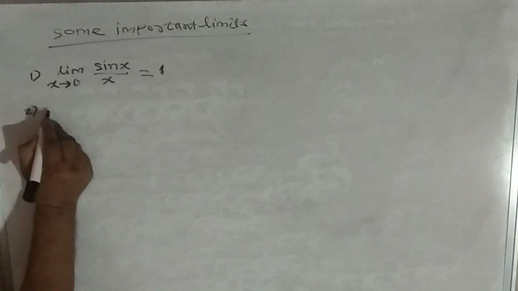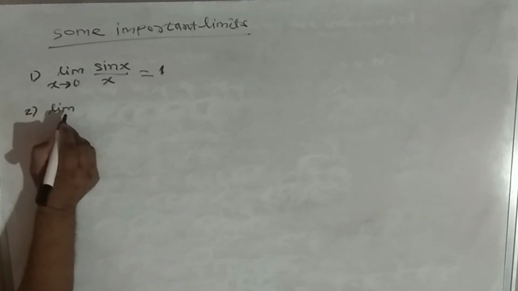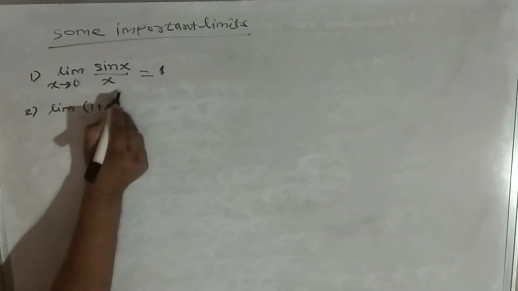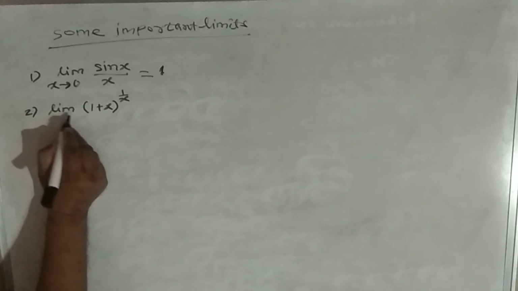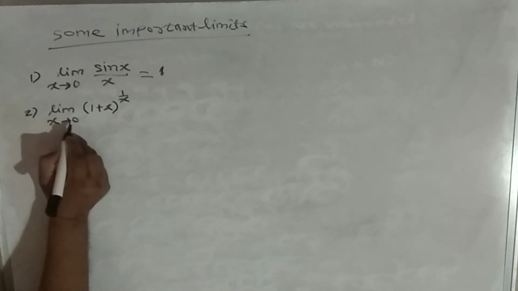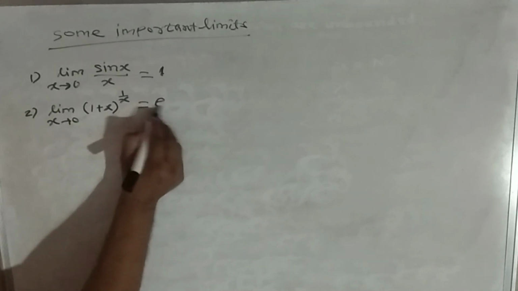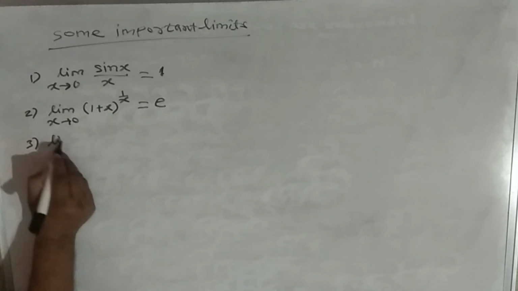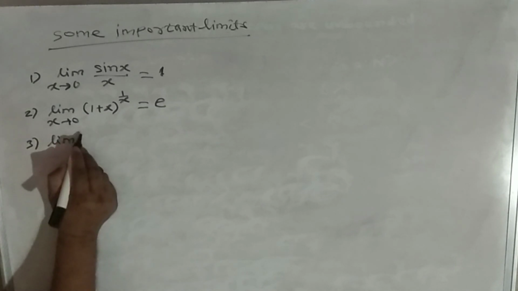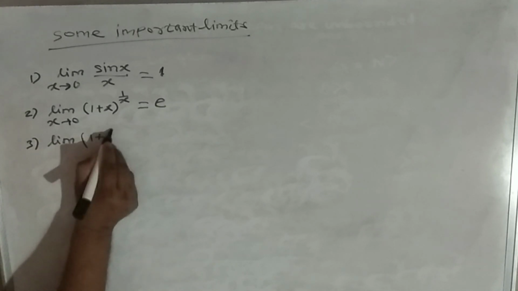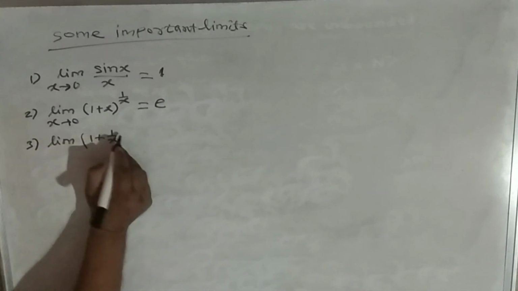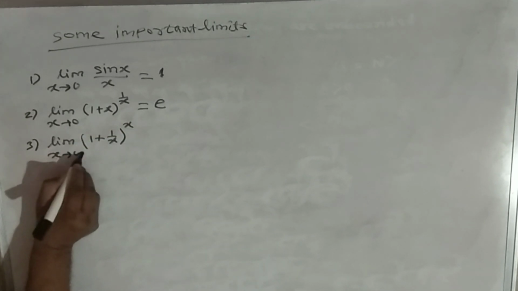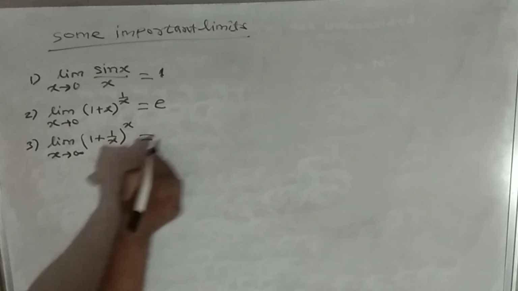Number 2, the limit of the function 1 plus x to the power 1 upon x as x tends to 0 is equal to e. Number 3, the limit of the function 1 plus 1 upon x to the power x as x tends to infinity is also equal to e.